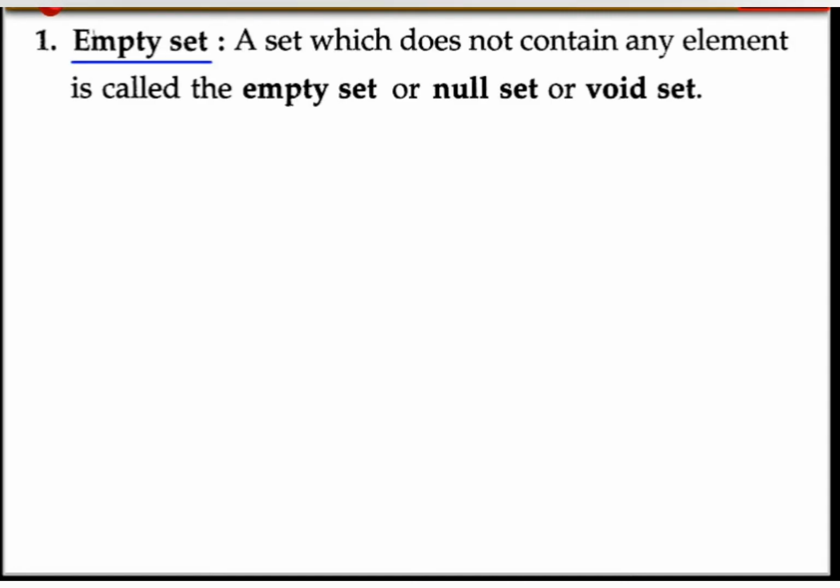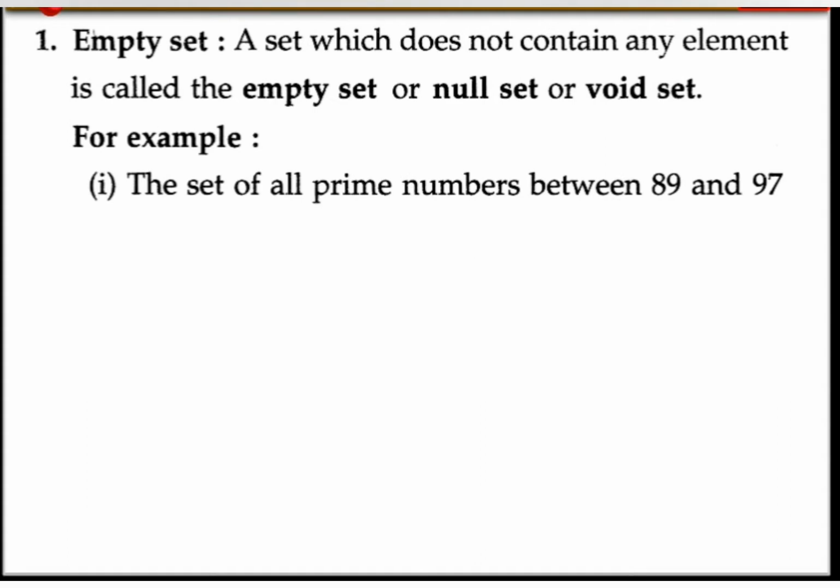Types of sets. Number 1. Empty set. An empty set is a set which does not contain any element. That is called empty set or null set or void set. For example, number 1. Set of all prime numbers between 89 and 97.